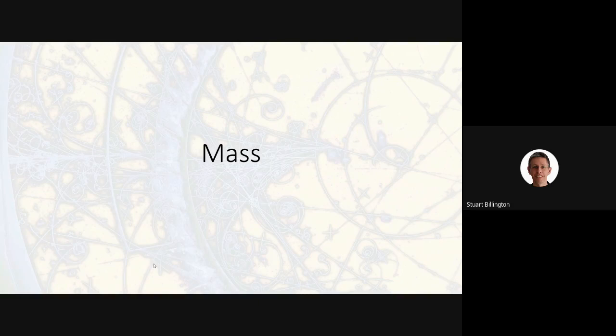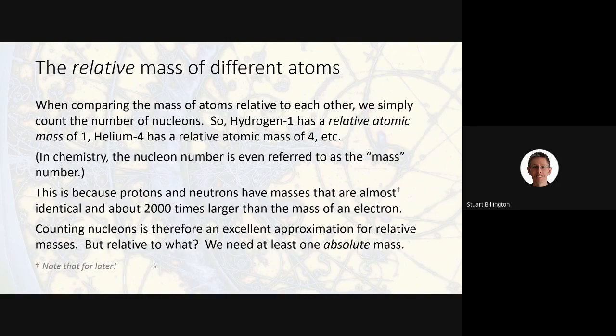Okay. Let's push on to how heavy things are. What is the mass? First thing to say is that mass is a subatomic property of the individual constituent particles that make up objects. What is mass, you're probably aware, is a big question in physics.